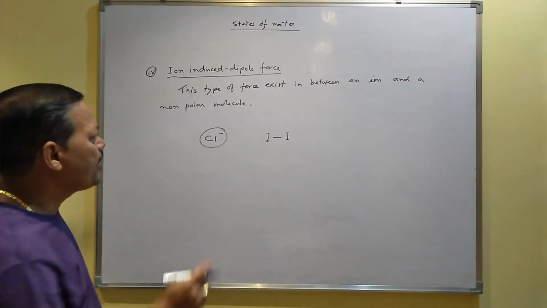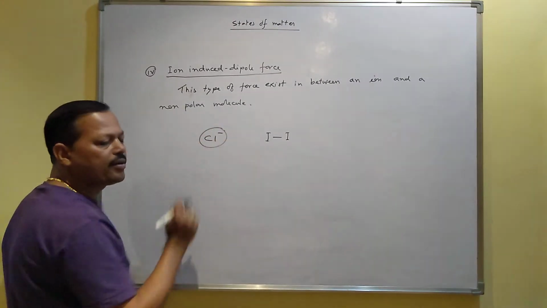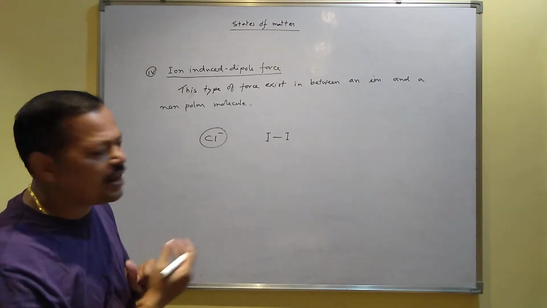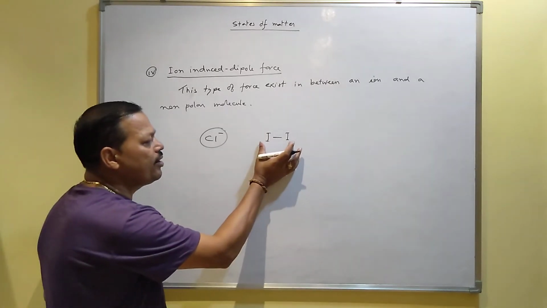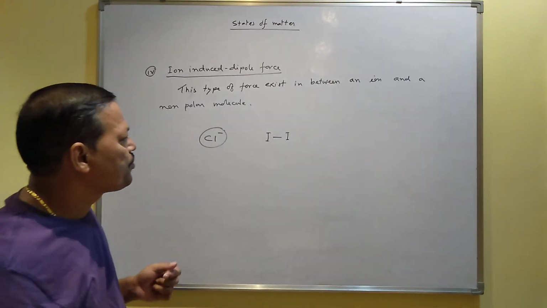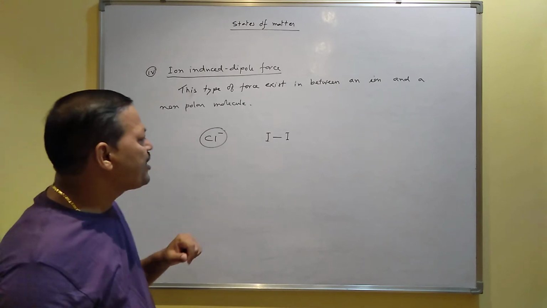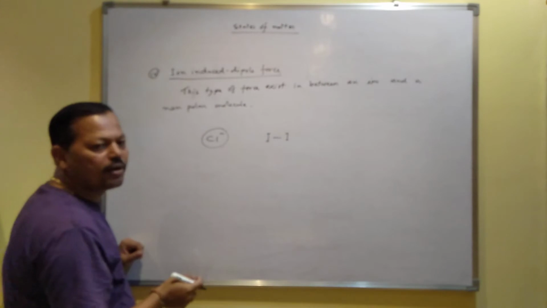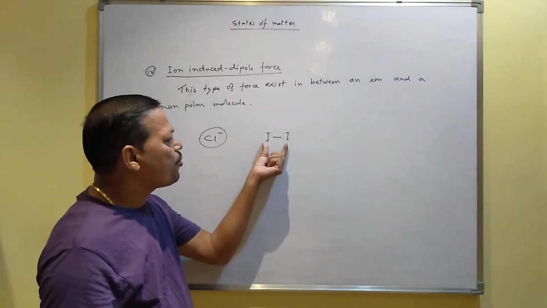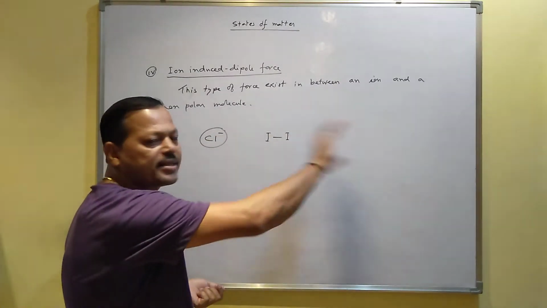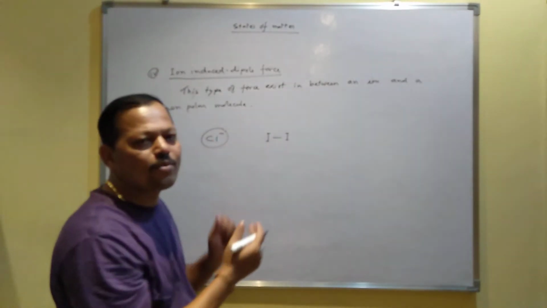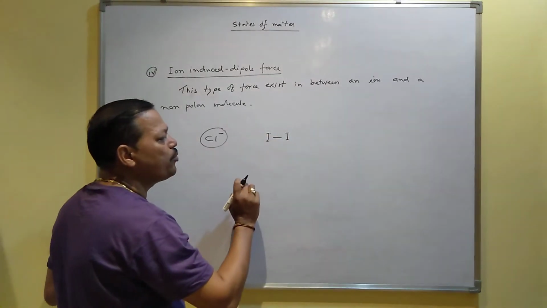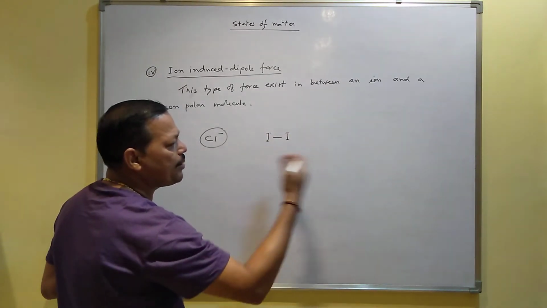What type of force? As you know, since it is a negative ion, negative always repels the negative. This iodine molecule contains a number of electrons. As you know, electrons are negative, so when this anion comes towards this iodine molecule, all the electrons of this iodine molecule go towards the opposite side, because negative always has repulsion.